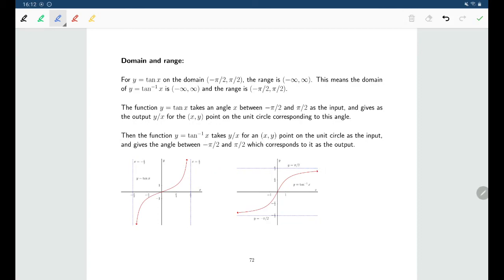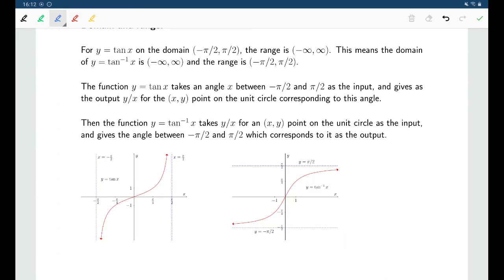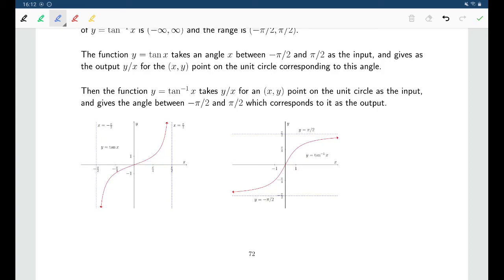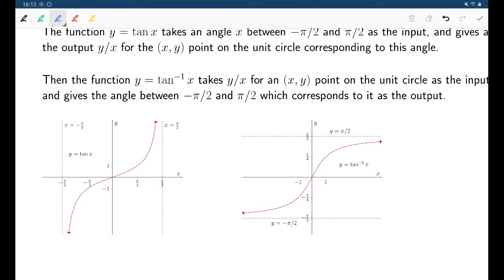All right, so let's take ourselves into the next part where we'll do some calculations. Only one thing just to mention here, which is, as always, when we're thinking about the relationship between our graphs and our inverse functions, they're switching anything x and y related. So we have, for example, the point pi over 4, 1 on the graph of tangent.